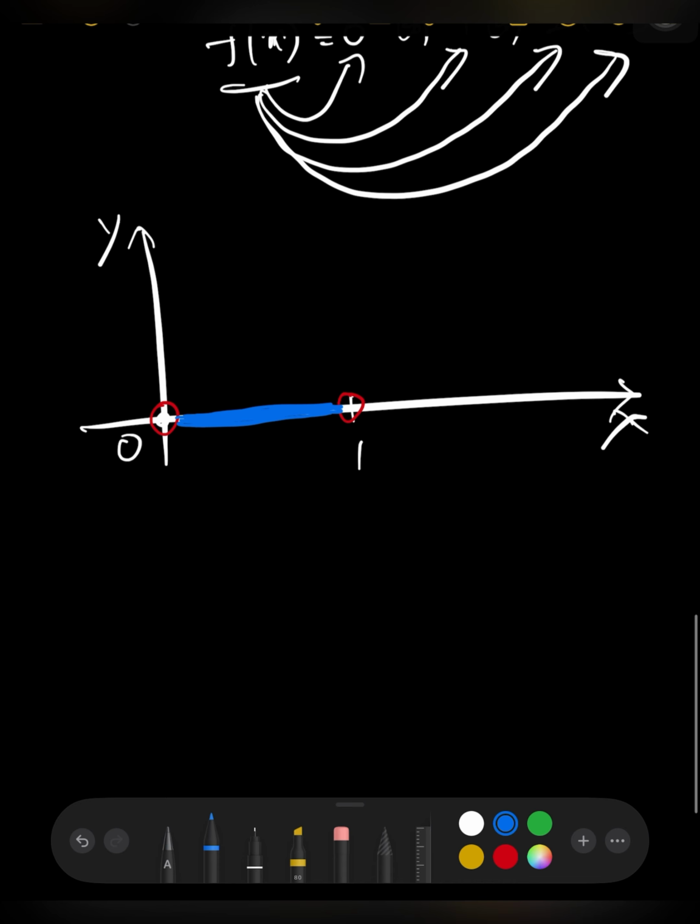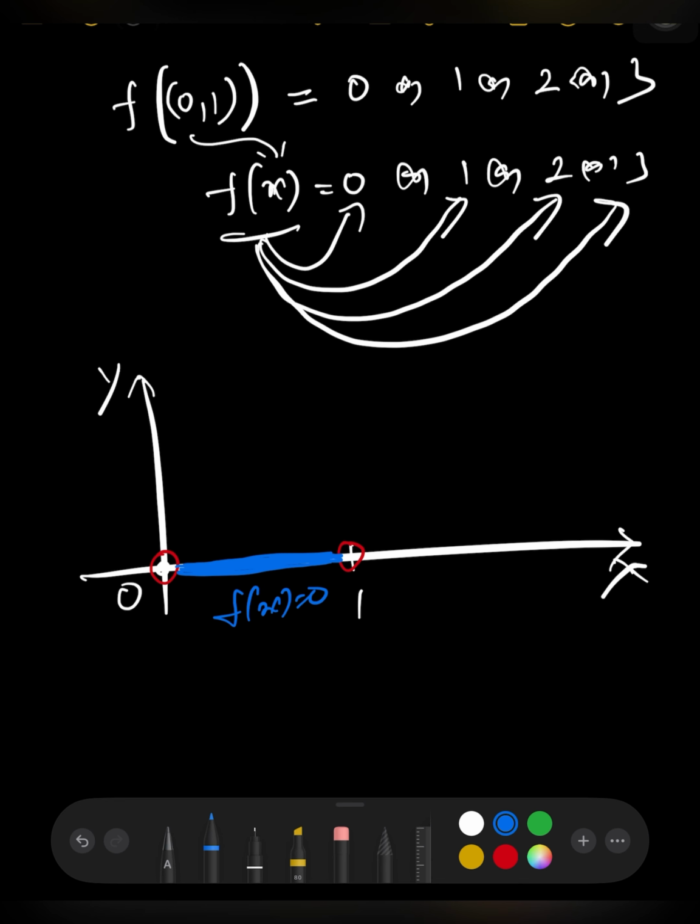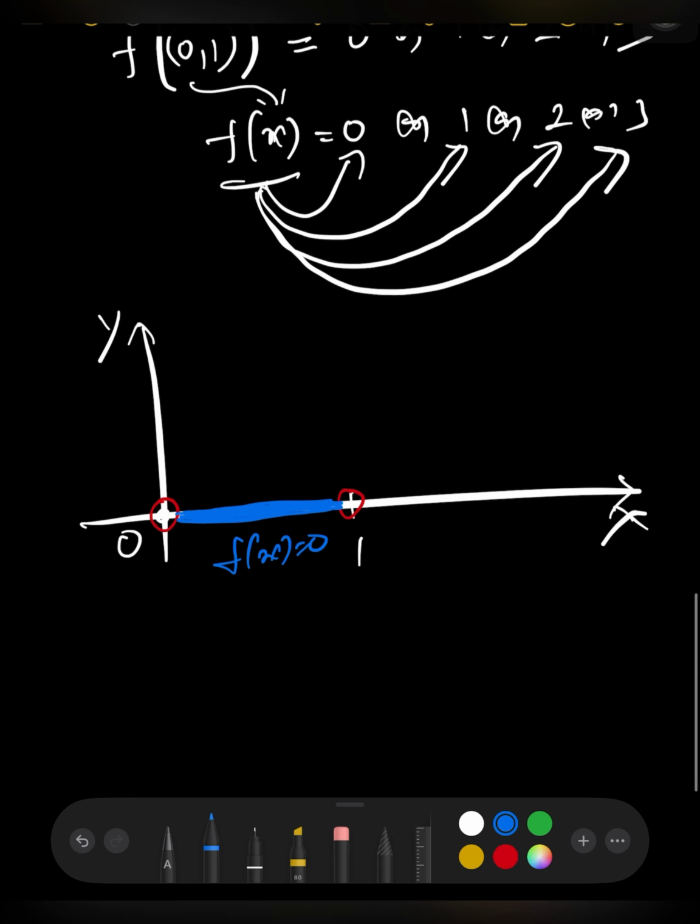It is a representation of f of x equals 0. So here we can observe that in this interval 0 to 1, the function is continuous. Suppose there is another possibility that f of x equals 1, then there will be another case in the interval 0 to 1, or this will be another case, or this will be another case.